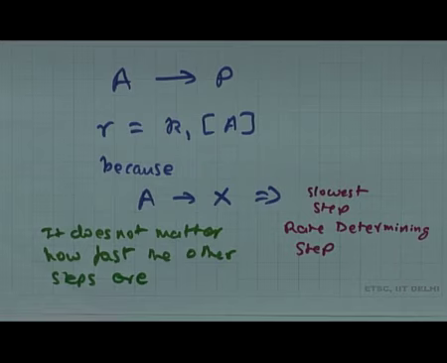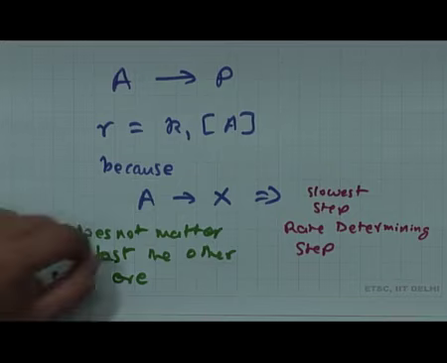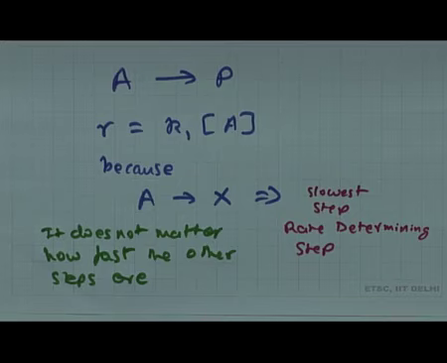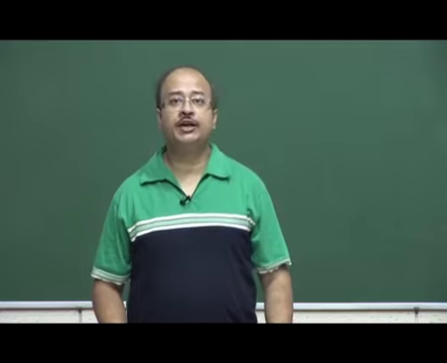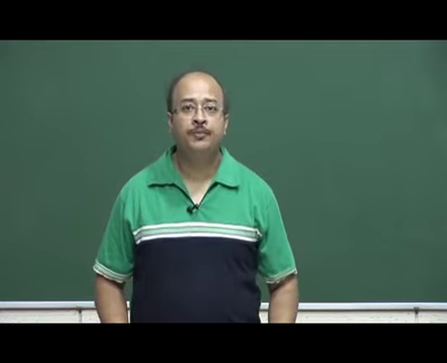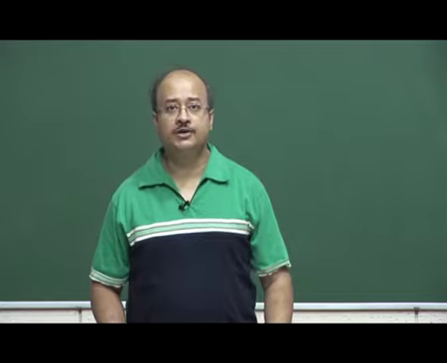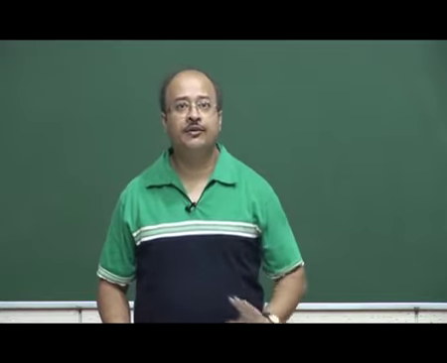So step 1 of the reaction is the slowest one, the other 2 are faster than this, hence the rate of the reaction is decided by this step only, the other 2 steps do not matter at all. I hope I have been able to make myself clear in terms of what would finally determine the rate of a reaction, especially in case of a multi-step process or a complex reaction as written out here.